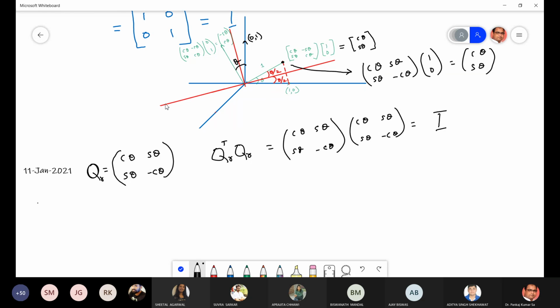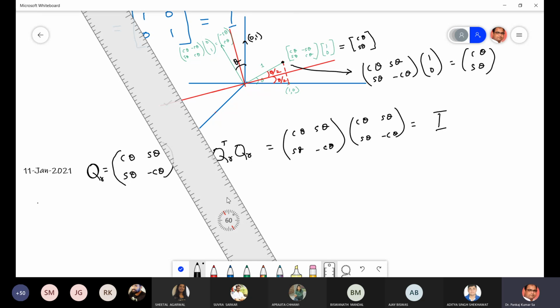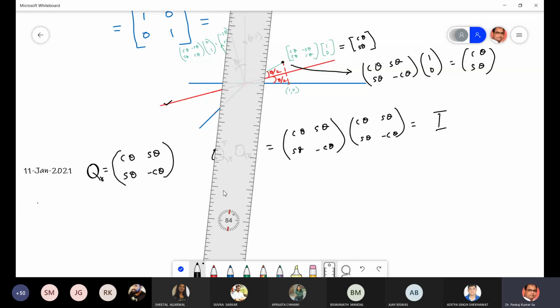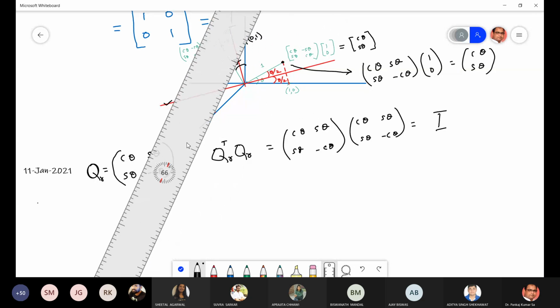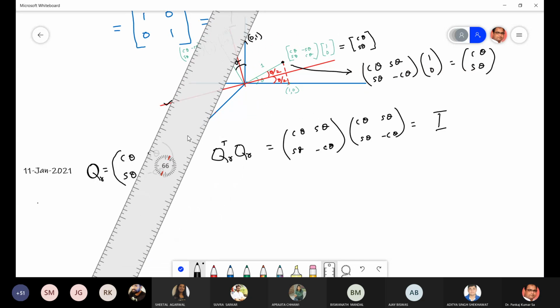Here we are rotating the point 1 0 and getting this particular point. Essentially, you are halfway at the red line, and from the red line another halfway. So that is actually theta by 2. And the same thing if you draw for this vector 0 1, it would be somewhere like this.